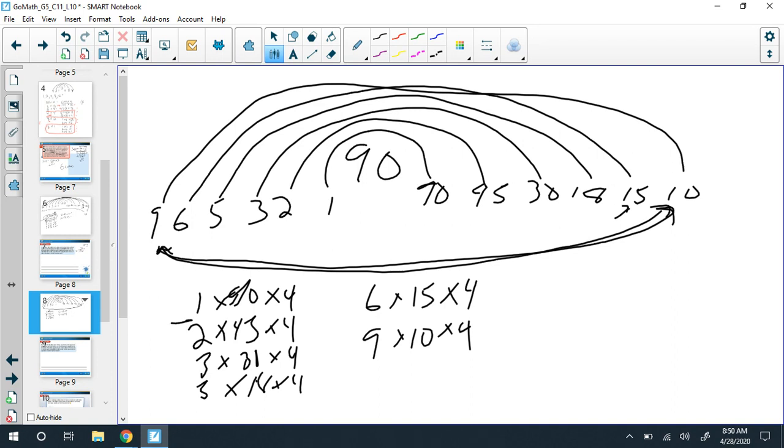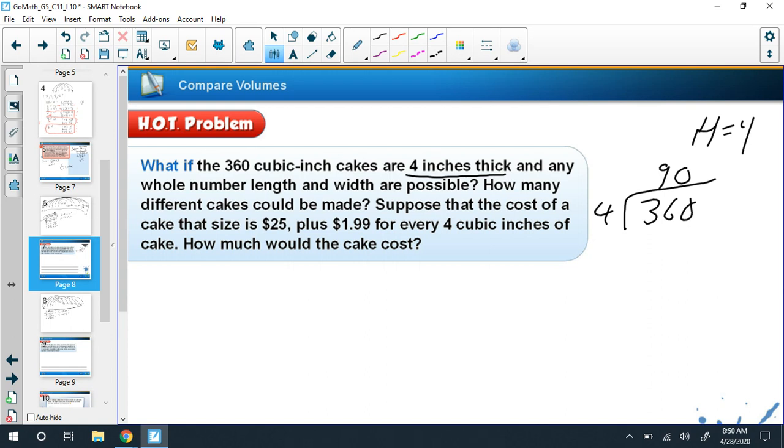And again, remember, we got rid of that constraint about not using 1 and 2 inch side lengths. And so here we have 1, 2, 3, 4, 5, and 6. So even though we changed some of the dimensions, we can still only make 6 cakes.